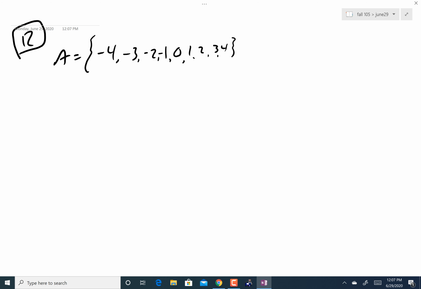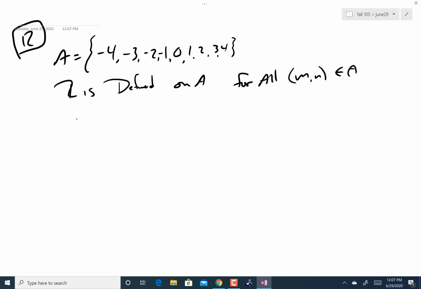And R is defined on A such that for all ordered pairs M and N that are elements of A, MRN is defined as, geez, we've done this one before, kind of, Jay. I know, kind of, we have, sort of.